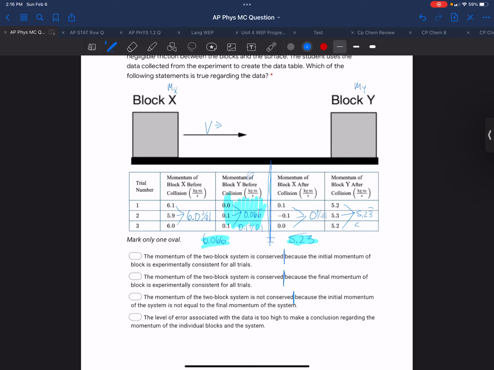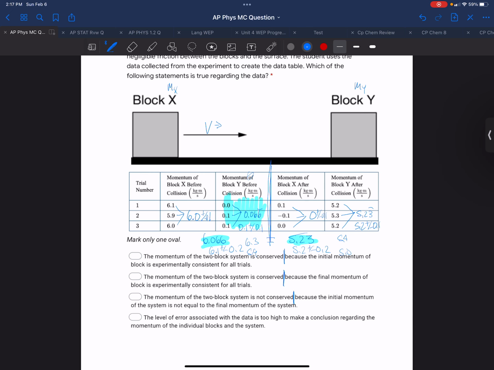And this last value would be 5.2 plus or minus 0.1. So when we look at the overlaps here, we have 5.2 plus or minus 0.2. And we have 6.1 plus or minus 0.2. So that means an upper limit of 5.4 all the way down to 5.0. And this one is an upper limit of 6.3 all the way down to 5.9.